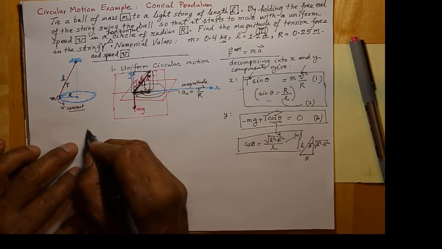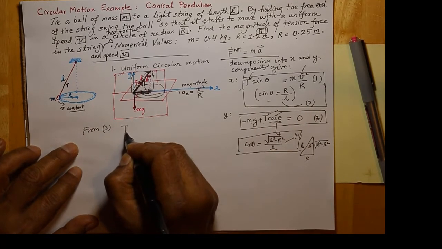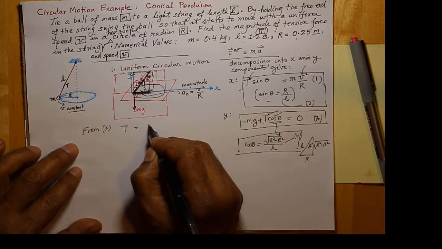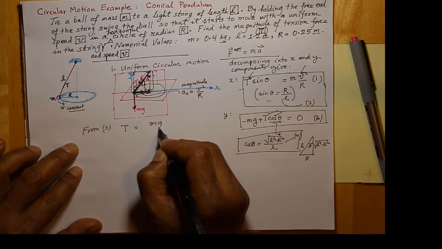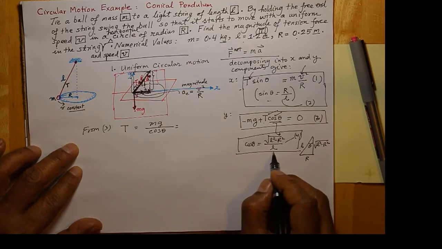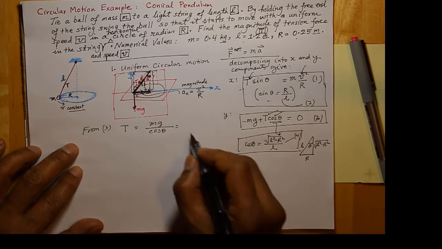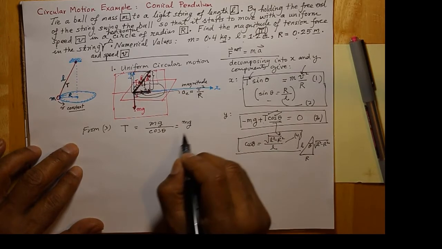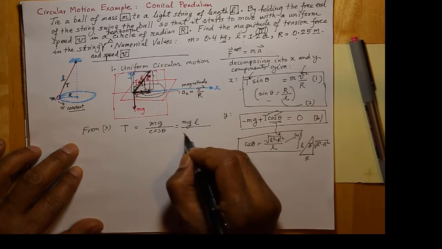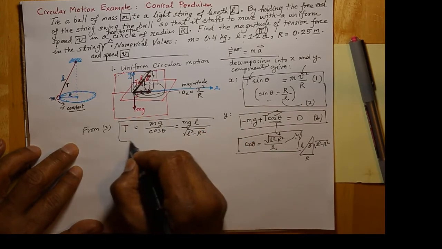So from 3 I can get the magnitude of tension, which will be mg over cosine theta, which will be, if I write down cosine theta over here, mgL over the square root of L squared minus R squared. So that's what I got for T.